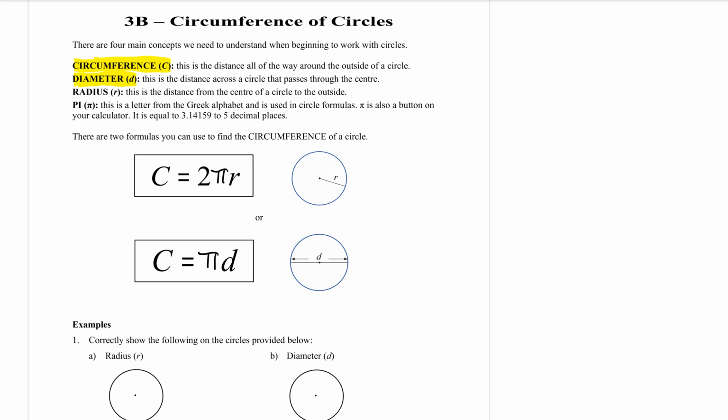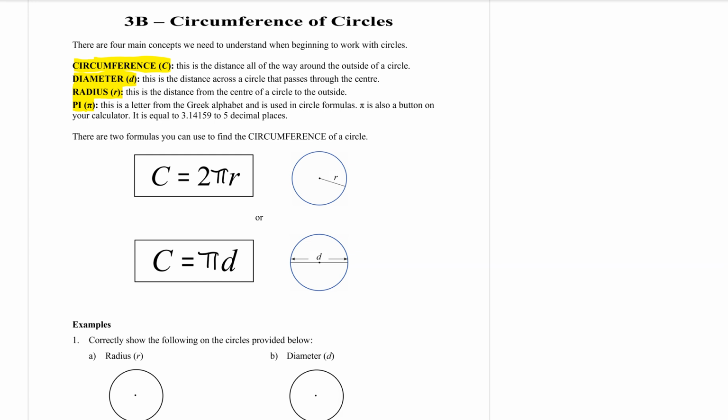And next we need to know the radius, which is little r. The radius is the distance from the center of the circle to the outside of the circle. And one more thing, pi, which is this symbol here. It's a Greek letter, which we call pi.